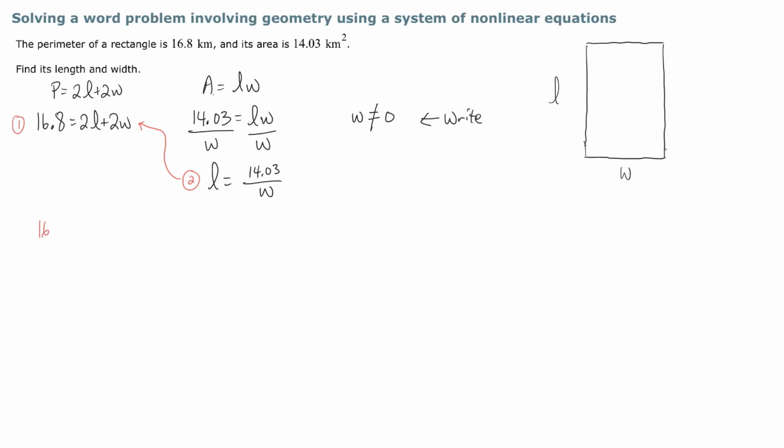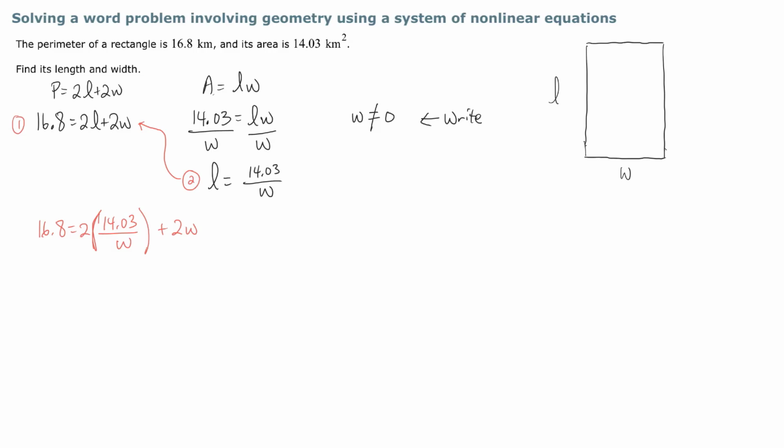We're going to write 16.8 equals 2 times L, but instead of L, we're going to write parentheses 14.03 over W, plus 2 times W. Now we want to clear fractions.